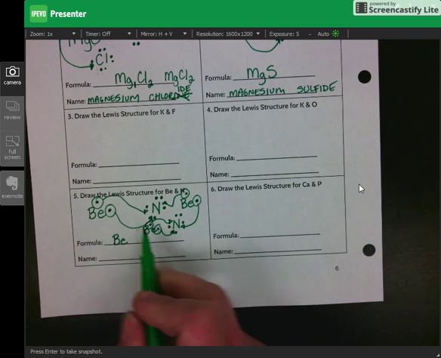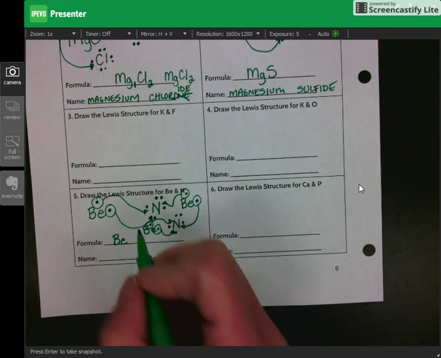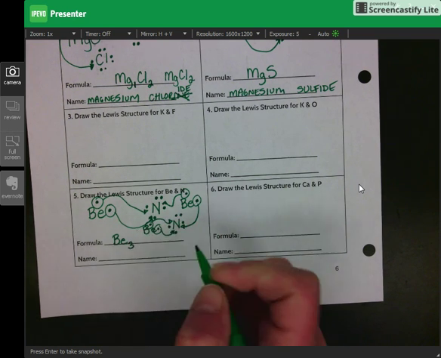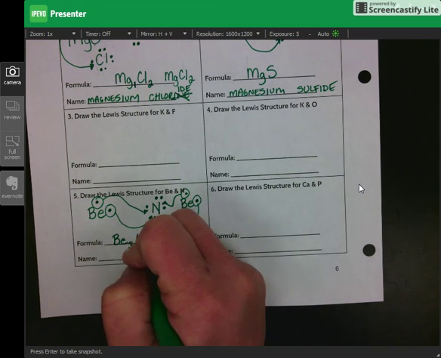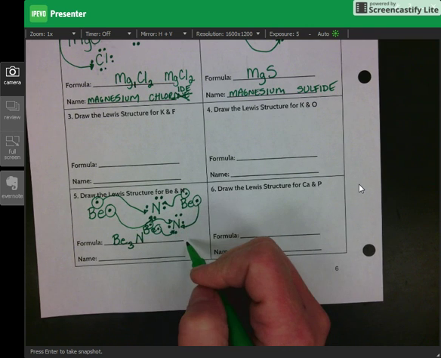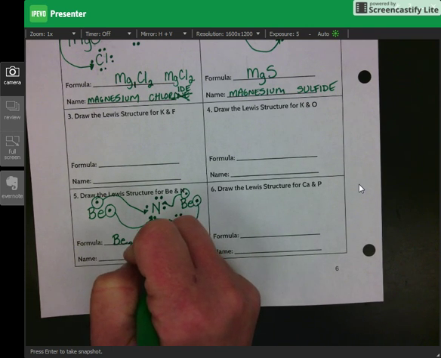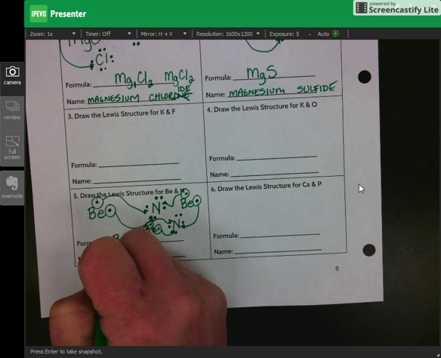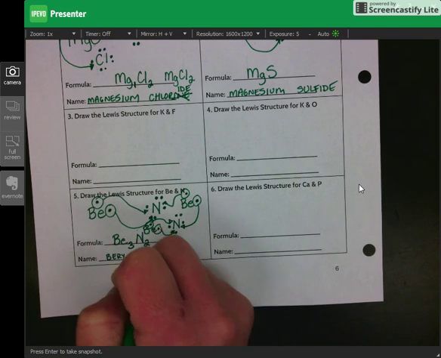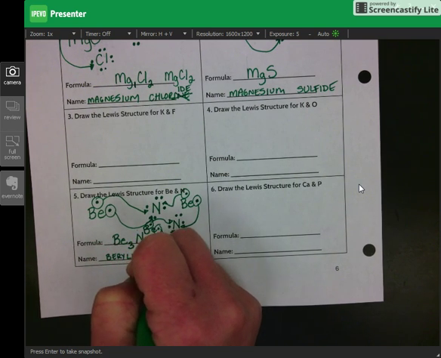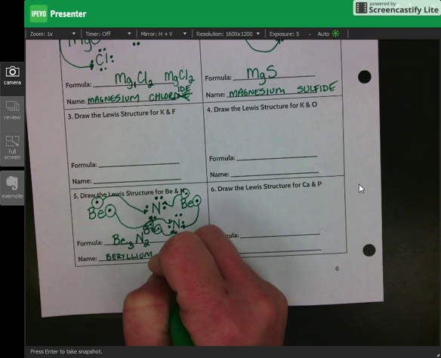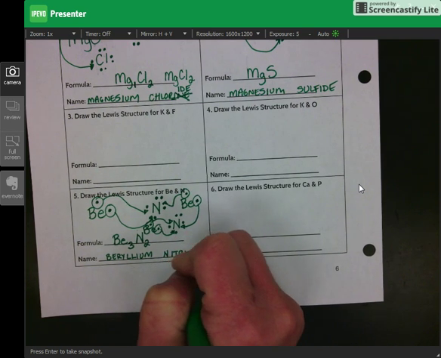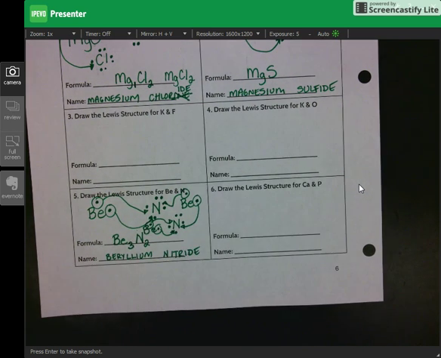We had 1, 2, 3 berylliums, so it would be Be3, and then nitrogen, and we used 2 nitrogens, Be3N2. So this would be beryllium, nitrogen, but we're slamming that IDE at the end, so it'd be beryllium nitride. So what I now want you guys to do is work on pages 6 and 7 in the book of fun.